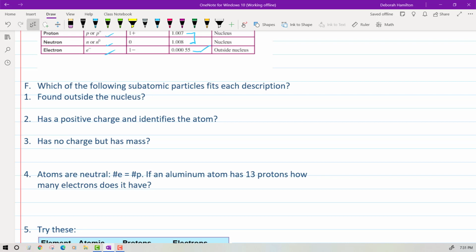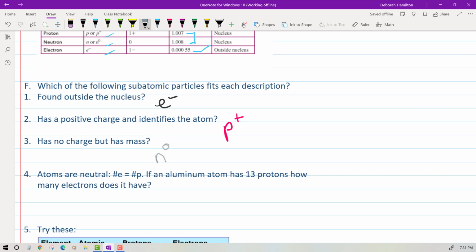You can stop the video and then come back and check your answers. Something found outside the nucleus, that will be your electron. Something that has a positive charge and identifies the atom will be the proton. The neutron has no charge, but it does have mass. So those are your three particles.